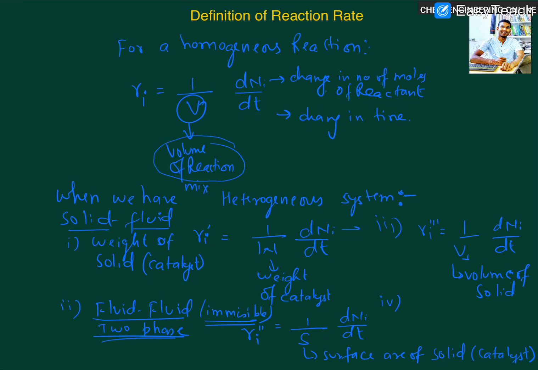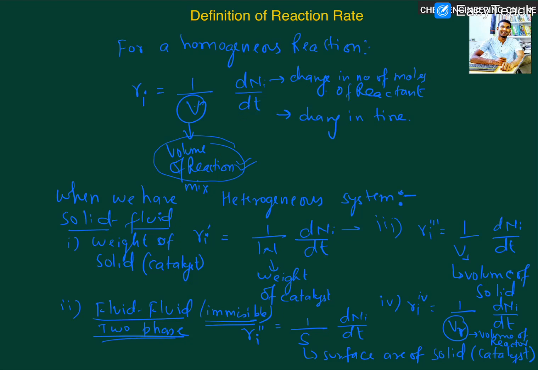We can also write it as Ri based on the volume of the reactor. Remember, this V is the volume of reaction mixture, whereas this Vr is the volume of reactor.